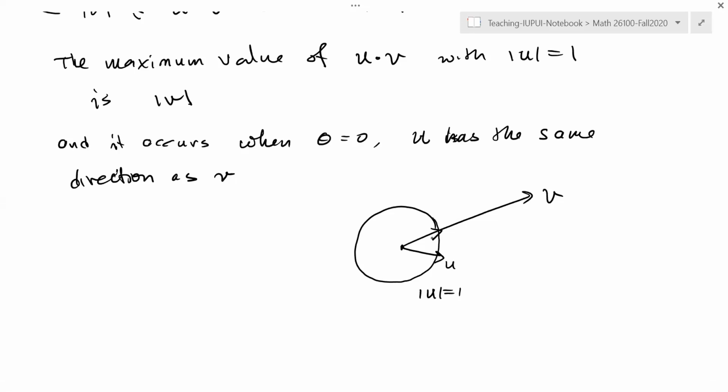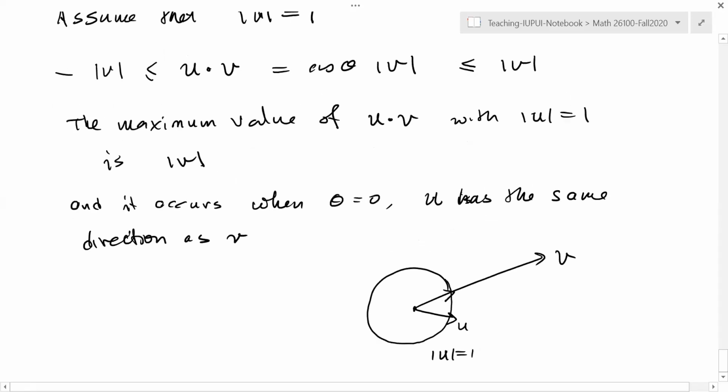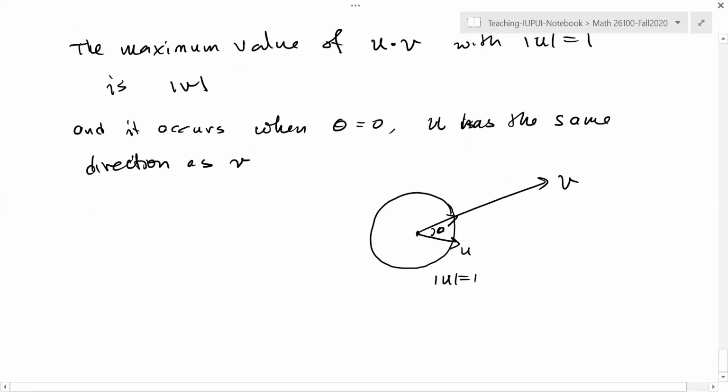In other directions, the inner product is smaller than the value in that direction. This comes from the above formula for the angle. All right, so that's a picture.